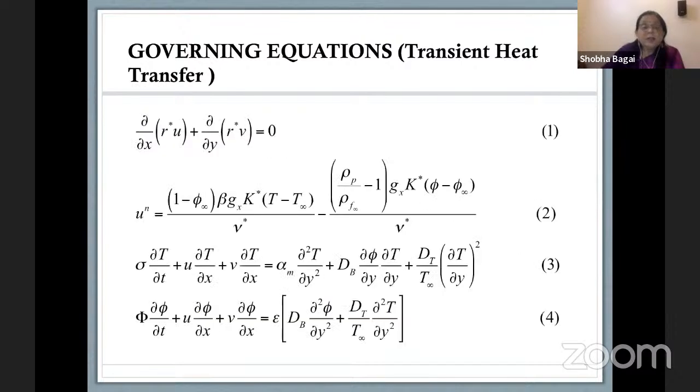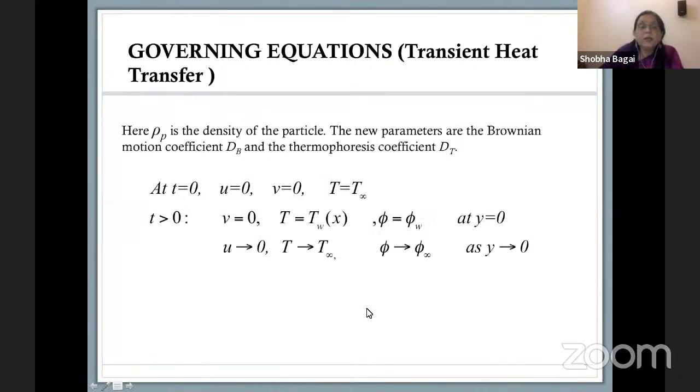For these governing equations, there are certain boundary and initial conditions. Initially it is assumed that there is no motion. That means the velocity components are 0 and the temperature is equal to the ambient temperature. And when t becomes greater than 0, the wall is heated.